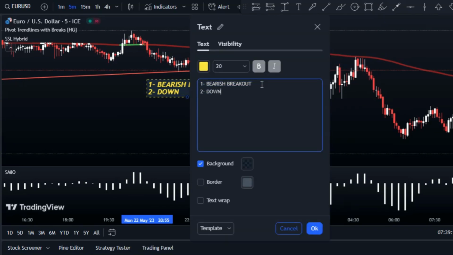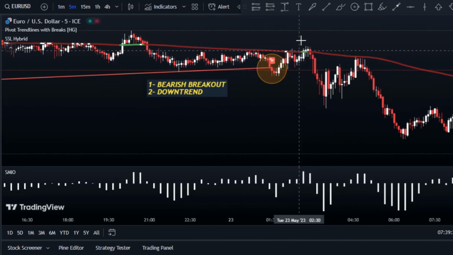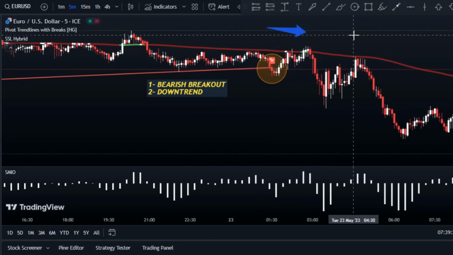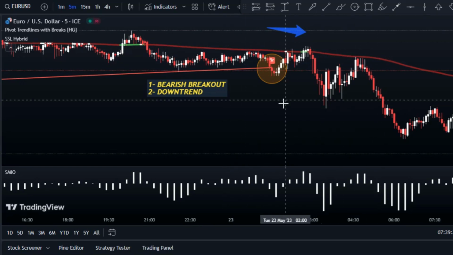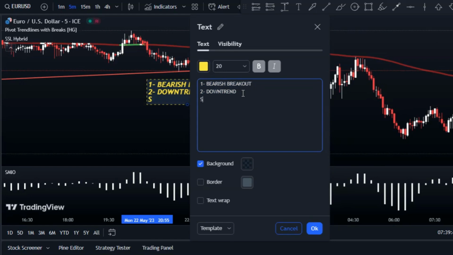Since the price is below the red SSL hybrid indicator, the trend is downward. Finally, the SMIO oscillator histogram must be below zero level, confirming the bearish breakout.